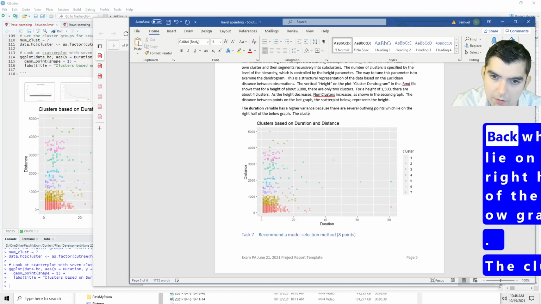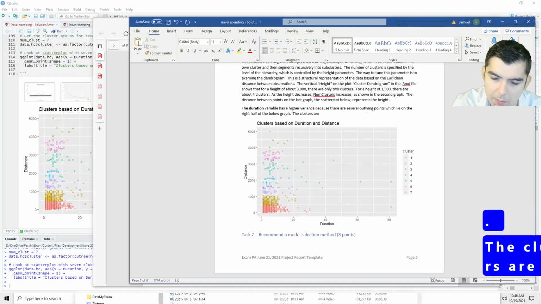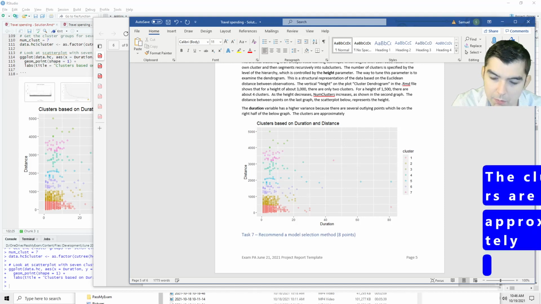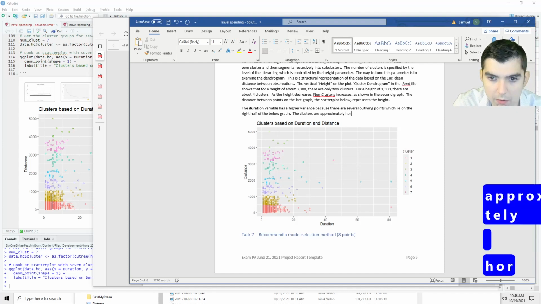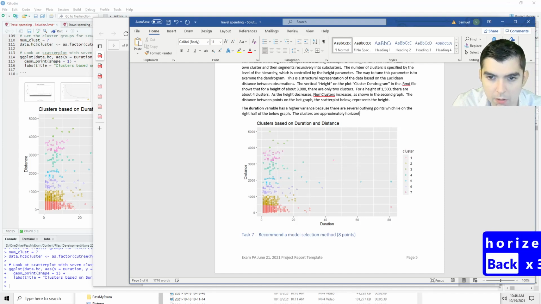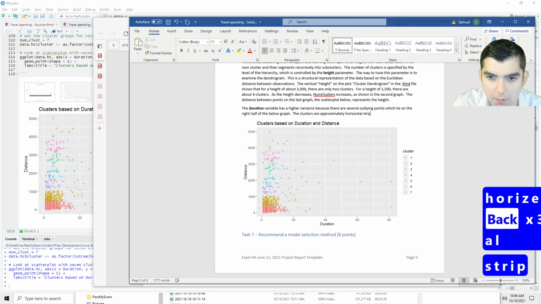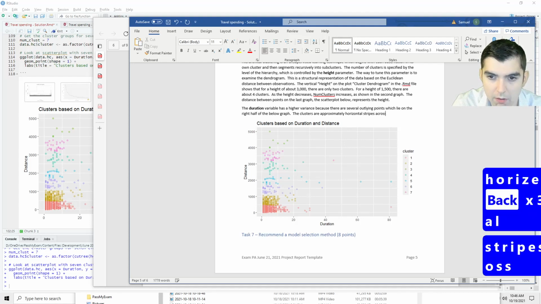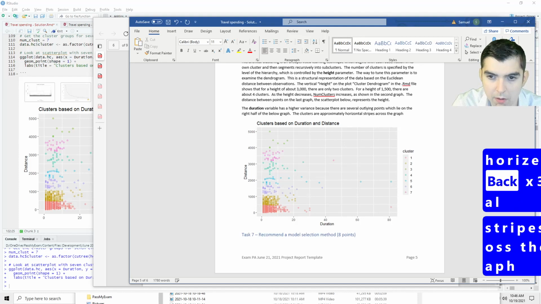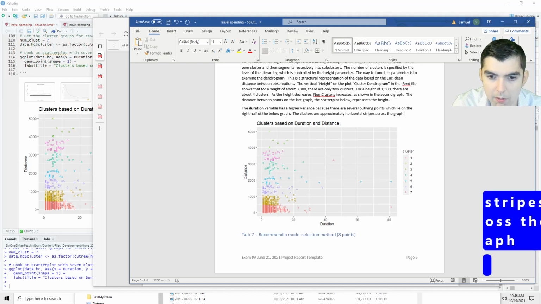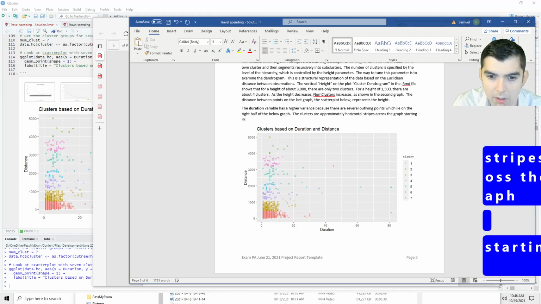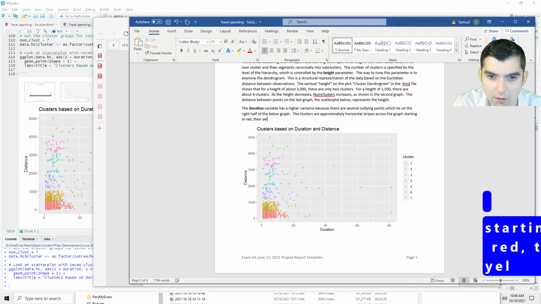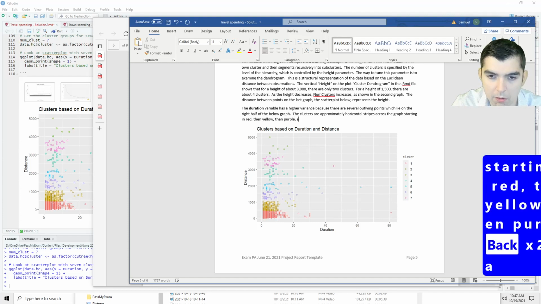The clusters are approximately vertical stripes across the graphs, starting in red, then yellow, then purple, and so forth.